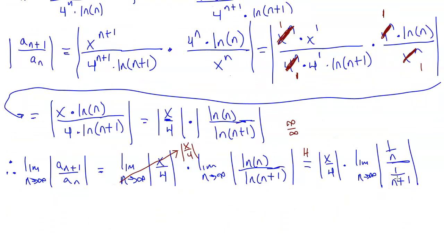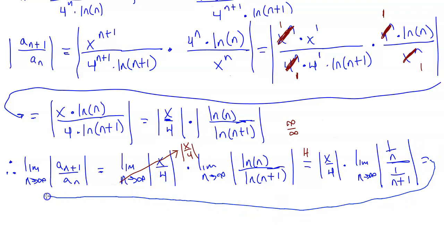And so now from here, we can kind of see the light at the end of the tunnel. So we still have the absolute value of x divided by 4 times the limit of 1 over n times n plus 1 over 1.